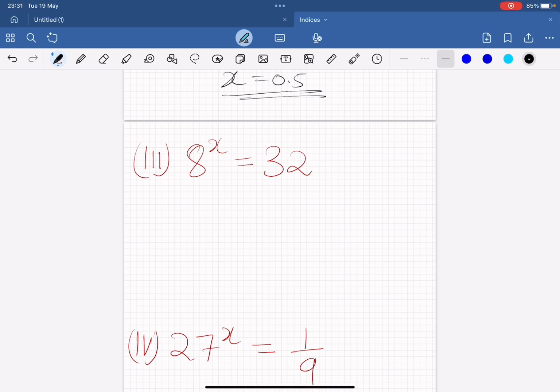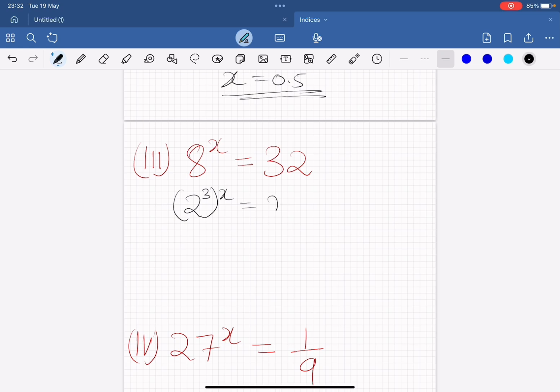Now, 8 to the power x is equal to 32. When it's like this, I should find a common base. Now, using my knowledge of basic numeracy, I know that I can turn 8 into 2 to the power 3.